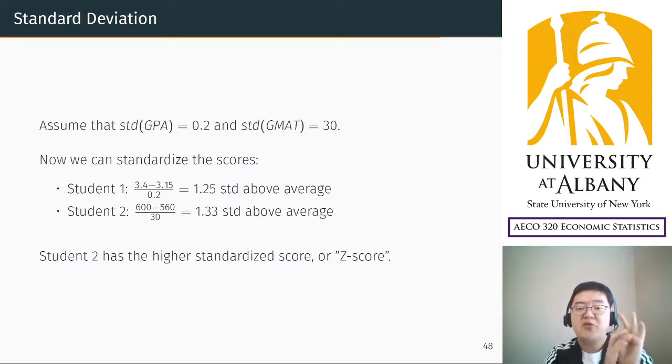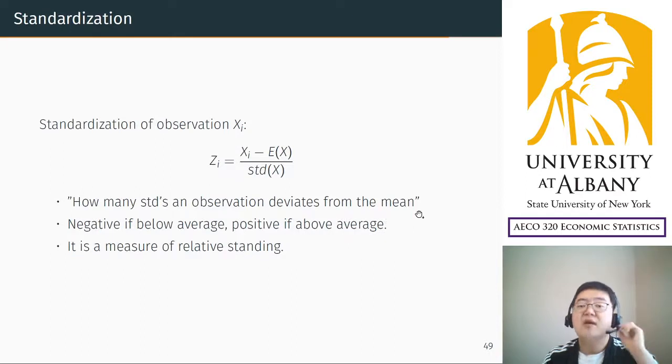Alternatively, another way to tell your relative ranking is to use the standardized score, or z-score, as I said here. Subtract the mean and divide by the standard deviation. Then it shows how much you are above or below the average. So this is the typical formula, the standardization process of an observation.